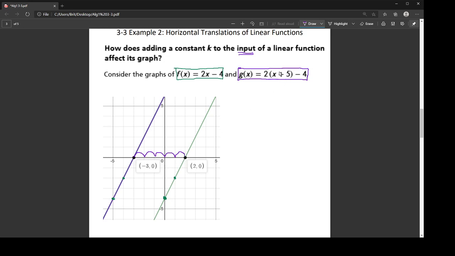So just be aware that the horizontal changes, the things that are done inside of grouping symbols, those tend to be a little quirky for people because they feel backwards.